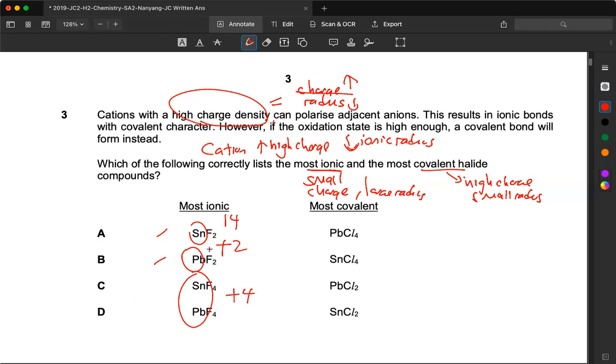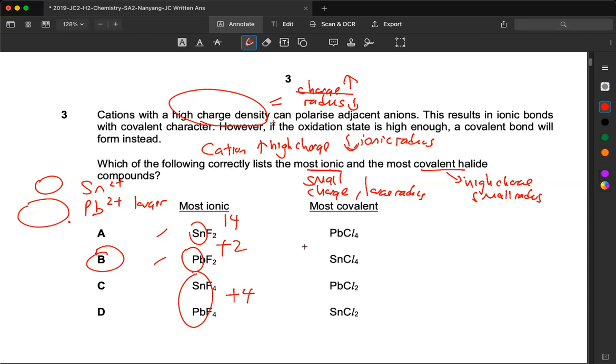Since they're in the same group, down the group the radius will increase. Lead is below tin in the group, so the lead ion should have a larger radius. So it will be B.